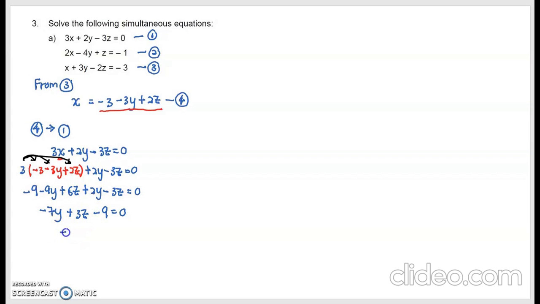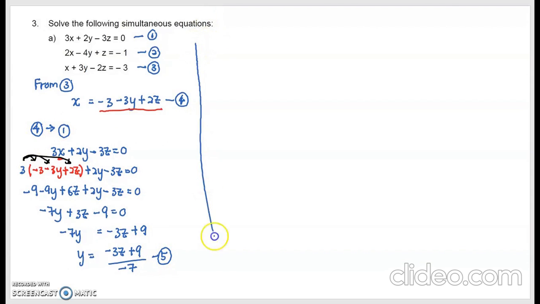Negative 7y is equal to negative 3z plus 9 when I move to the right hand side. Negative y moves to the right hand side, positive y. So y will be equal to negative 3z plus 9 over negative 7. Let's say here is equation 5. So when I substitute equation 4 into 1, I get equation 5.